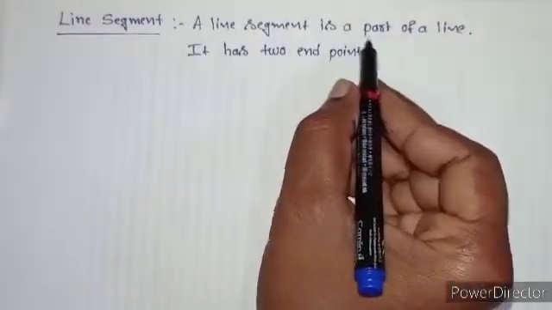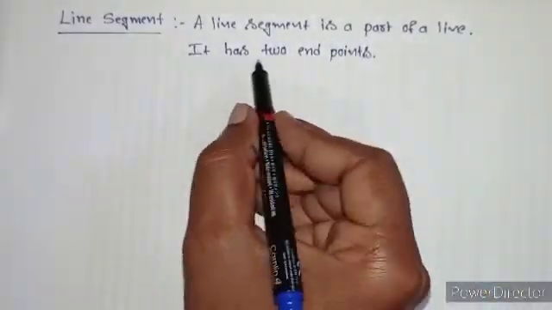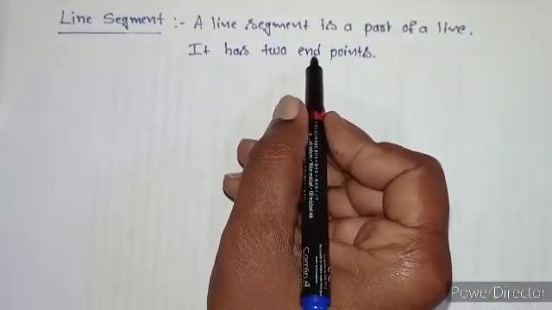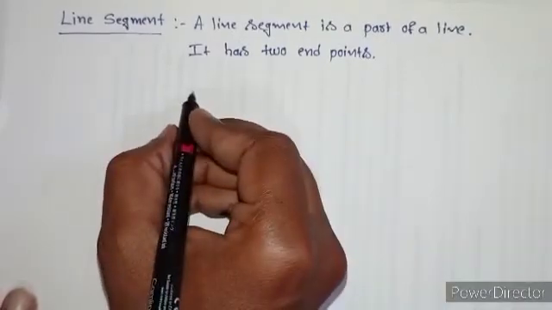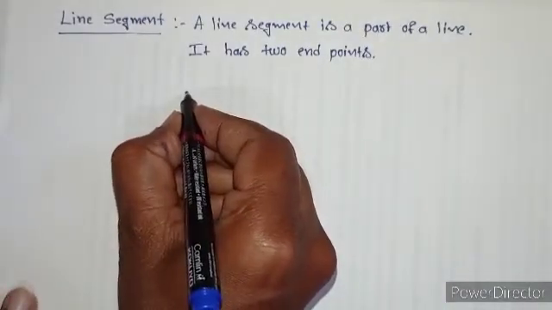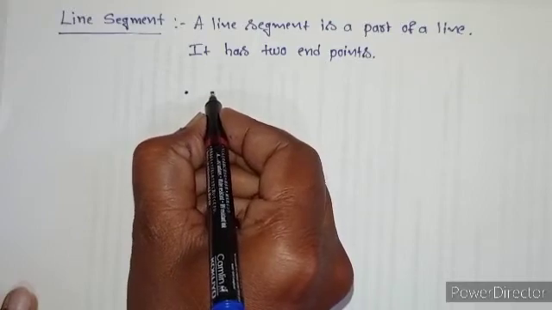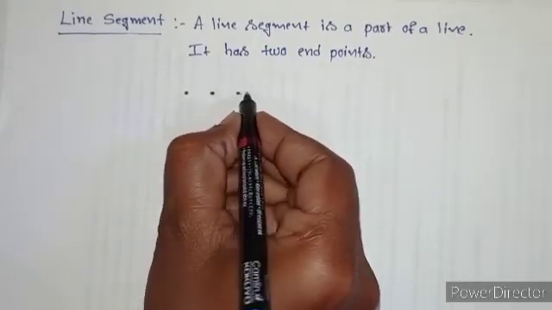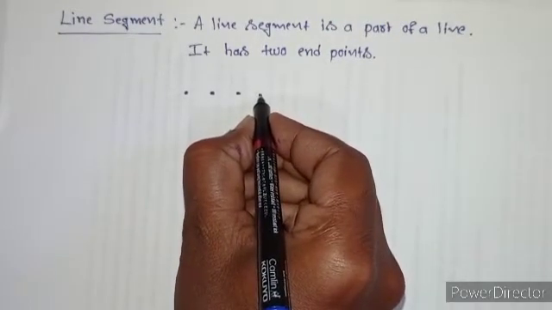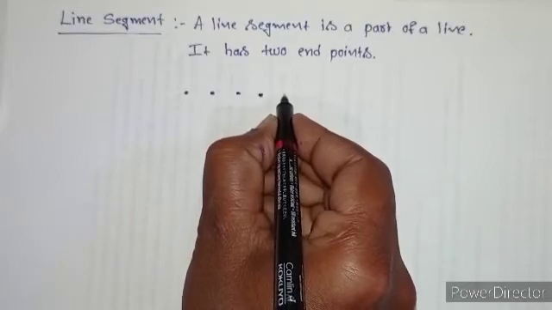Students, next we are going to know the line segment. A line segment is a part of a line. It has two end points. For example, here this is one point, and this is one point, and this is one point.